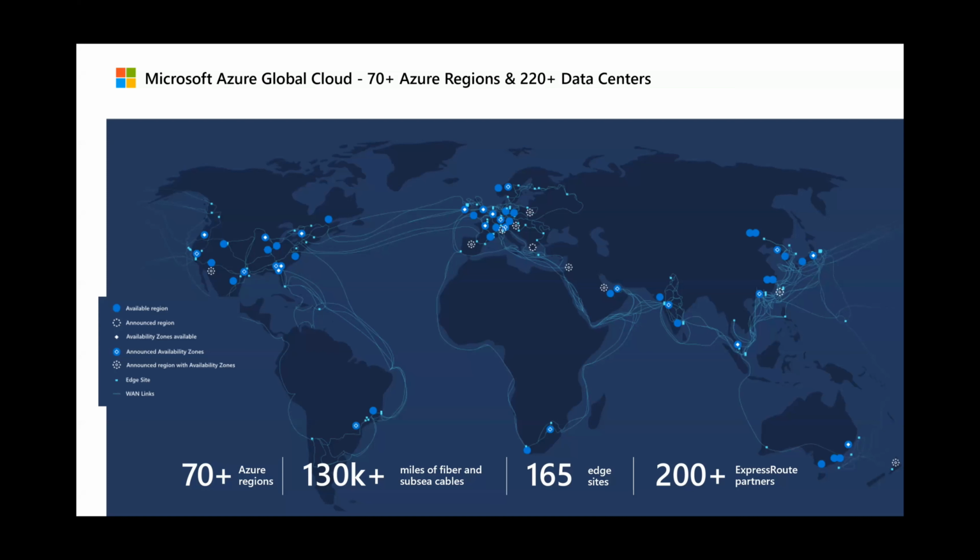Azure has grown quite a bit in the last number of years, and we have data centers all over the world, and those data centers have tons of compute in them. If you compare the actual compute that's in our Azure data centers, it's many times the current capacity of mainframes.